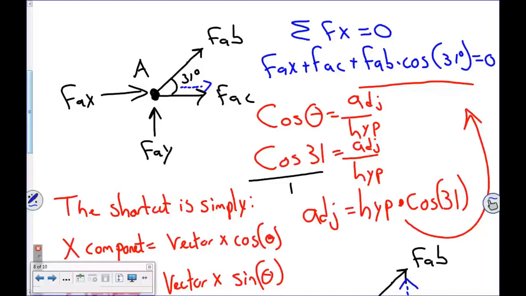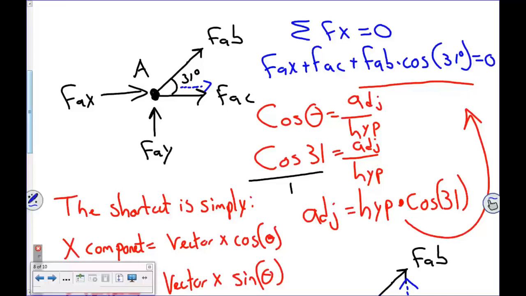It's cosine. Watch me, don't write this. Cosine theta is adjacent over hypotenuse. I want to solve for adjacent. Why adjacent? I'm solving for the X component. When I cross multiply, adjacent equals hypotenuse cosine 31.